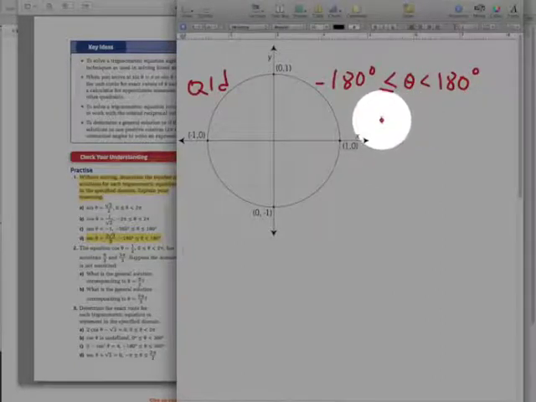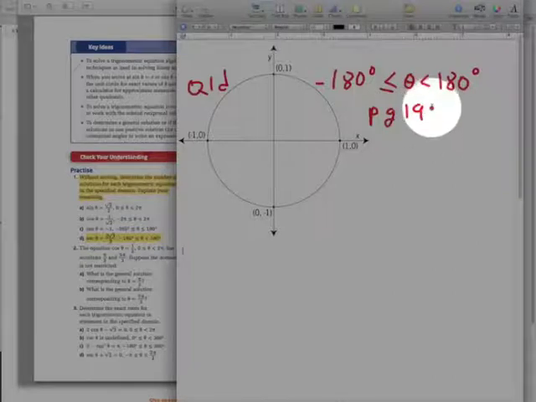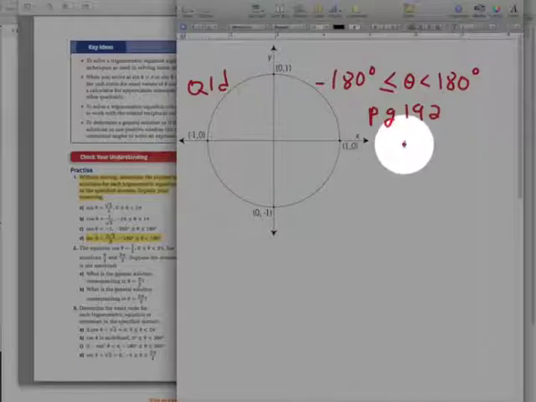When you're working through these types of questions, you want to try and remember what the trigonometric equations involved are, and if you need to refer to what any of those are, go back to page 192 for a reference. It'll tell you cos is equal to x and sine is equal to y and all those.